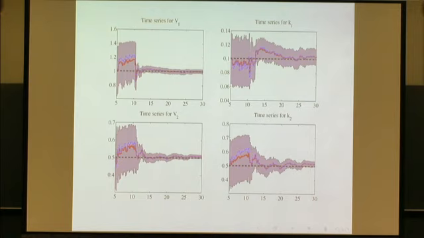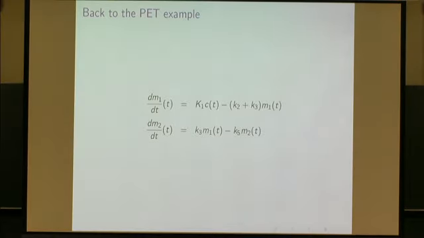Certainly for these two, what we see is that they remain a little more tentative, a little looser here. These are the time series for the K2. This can also inform the design of experiments, where we want to measure more or where we can measure less. Now back to the PET examples.